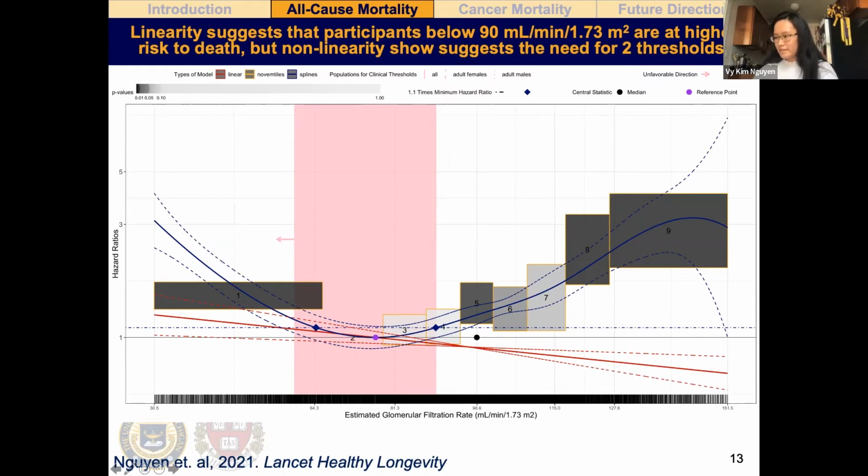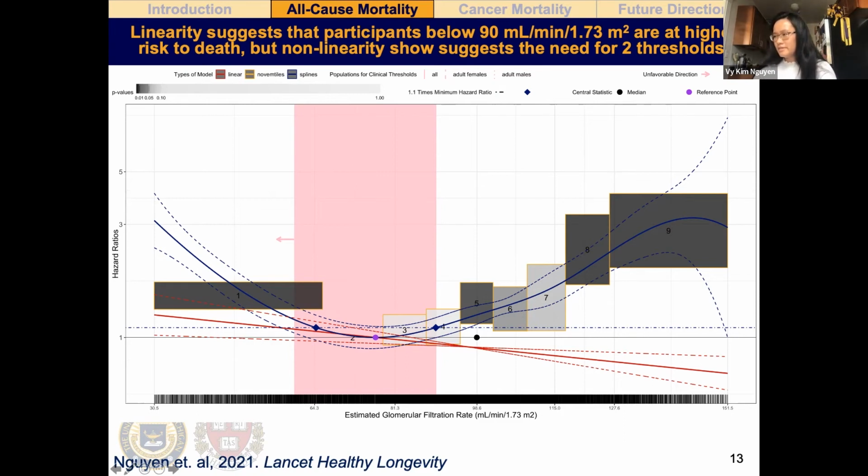Here is another example. Estimated GFR, glomerular filtration rate, is a clinical biomarker of how well your kidneys function. What's usually the case is that if your kidney function is below 90, that indicates some sort of chronic kidney disease. If it's higher, it indicates a decreased risk for chronic kidney disease or kidney failure.